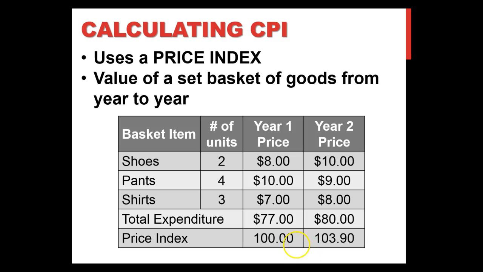I can use these numbers to then calculate the percent change and to determine from that what the rate of inflation or deflation was. To find percent change, it's basic sort of early elementary math. We take our new value minus our old value, divide it by the old value, and multiply by 100.